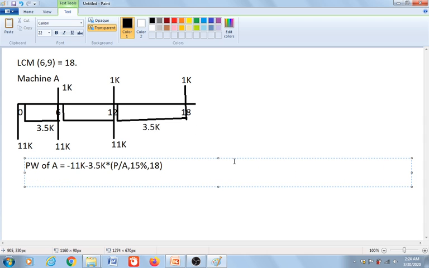And then for the next 11k, that's an F, so we need to calculate P, so it's P over F, 15%, 6, minus 11k times, for the third machine, P over F, 15%, 12.